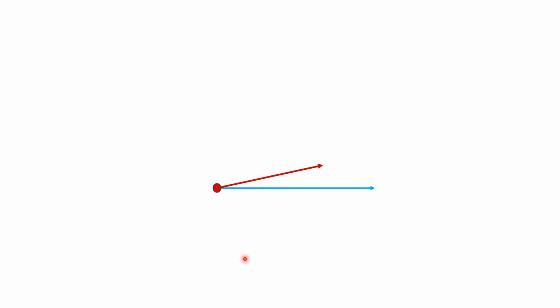So here I get an angle. So angle is nothing but combination of two rays with the same origin. We call this origin the vertex of the angle, and the two rays are the two arms of the angle.